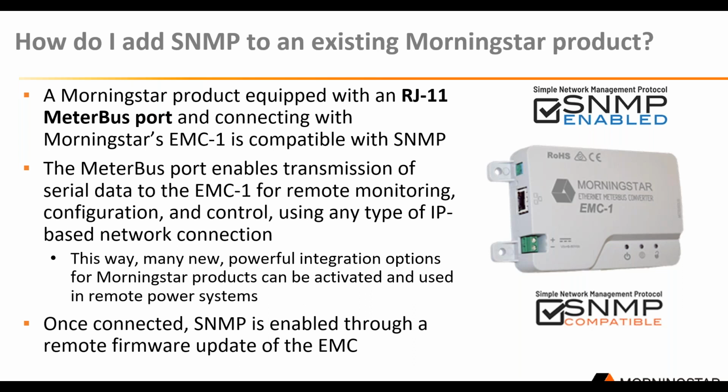MeterBus is our local proprietary language that we talk natively, and the EMC1 is a serial to IP communication bridge, which then opens that up from MODBUS to SNMP. And again, you can access all of that information over an IP network then.